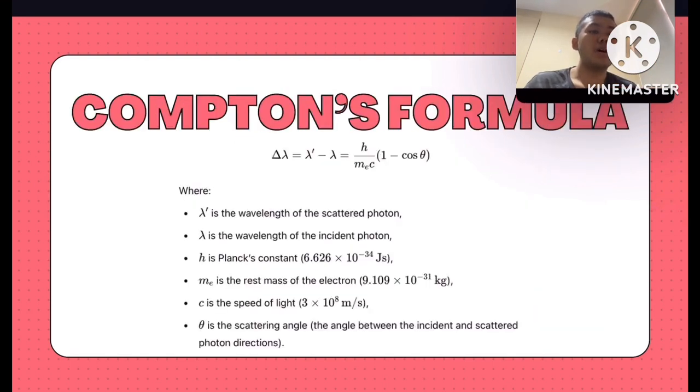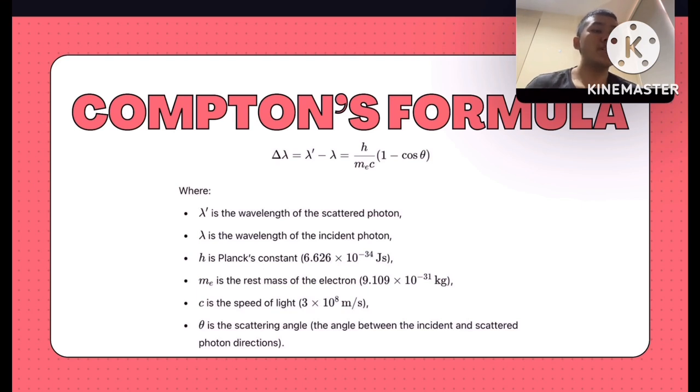This is the Compton formula: Δλ, or the difference between λ final and λ initial, equals Planck's constant, 6.626 multiplied by 10 power minus 34 joule seconds, divided by m, the rest mass of the electron, that is 9.109 multiplied by 10 power minus 31 kilograms, and the speed of light c, that is 3 multiplied by 10 power 8 meters per second.